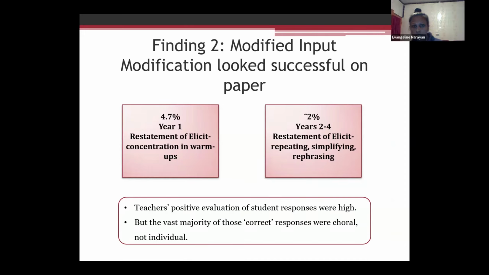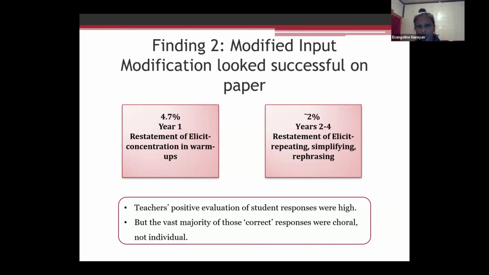So looking at the data on modified input, I found that around 2% of the overall interaction focused on modified input. But if you look at year one, that was around 4.7%, slightly higher compared to the other levels. So this tells me that the teachers did not modify the input, meaning that the input might have been understood by the students, the input might have been comprehensible.